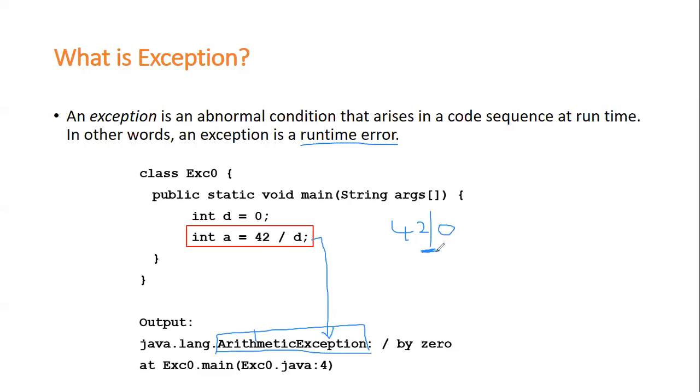Division is an arithmetic operation. Addition, subtraction, multiplication, division, all these are arithmetic operations. Since I'm doing a wrong arithmetic operation, it's throwing an arithmetic exception.